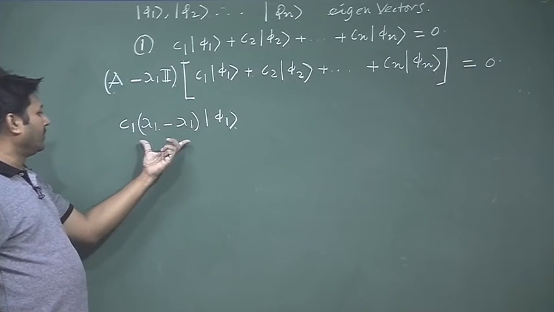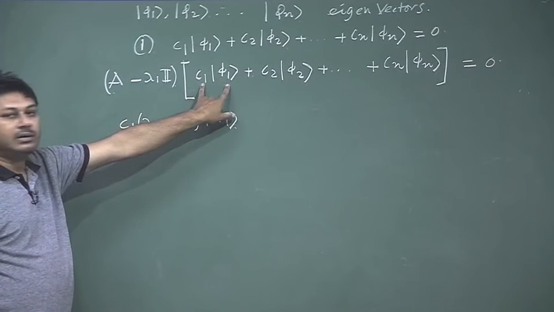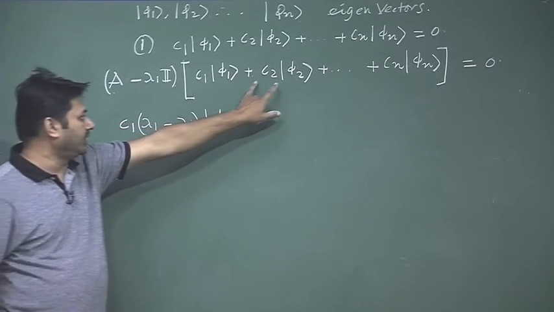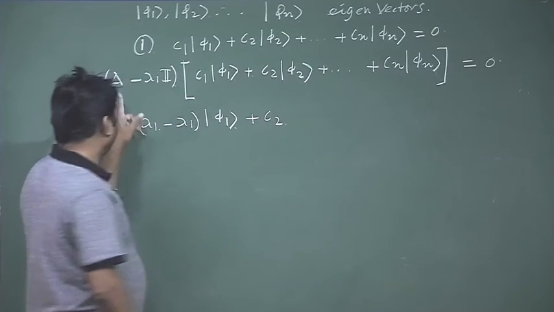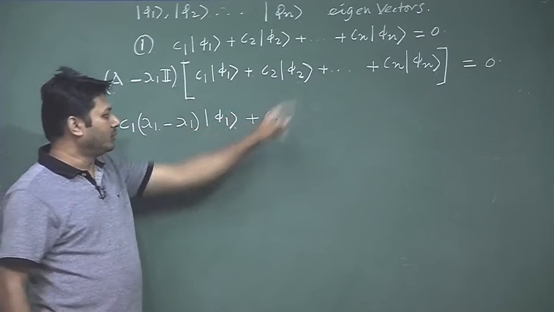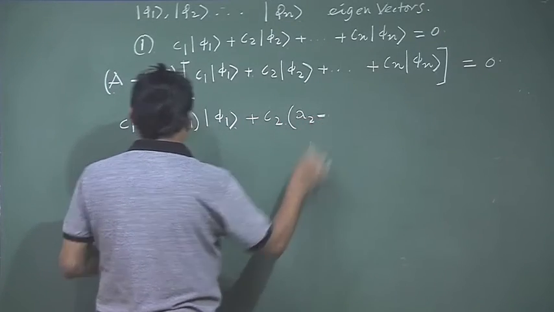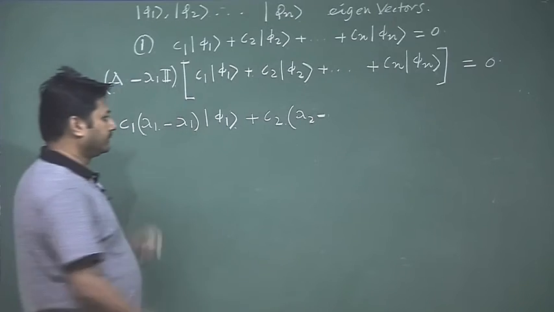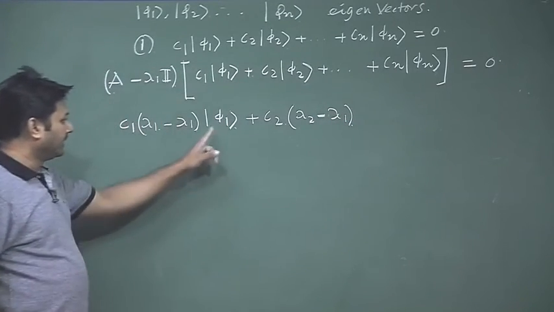So, that is my first expression. The second value will be C2, where I operate A over phi 2, so I will have lambda 2 minus lambda 1, then phi 2.